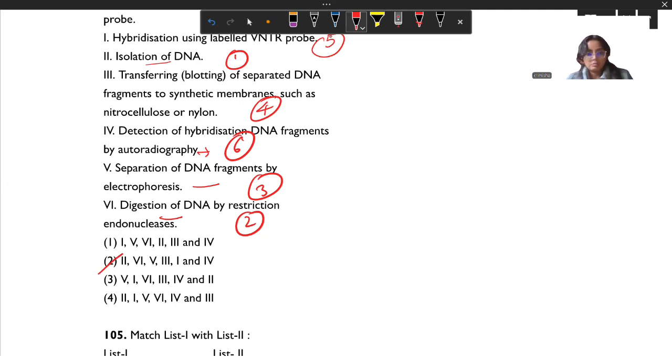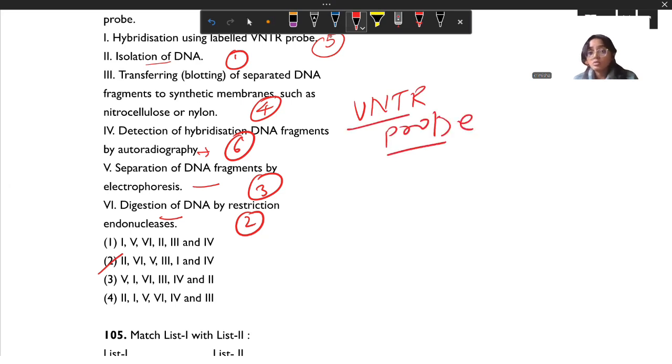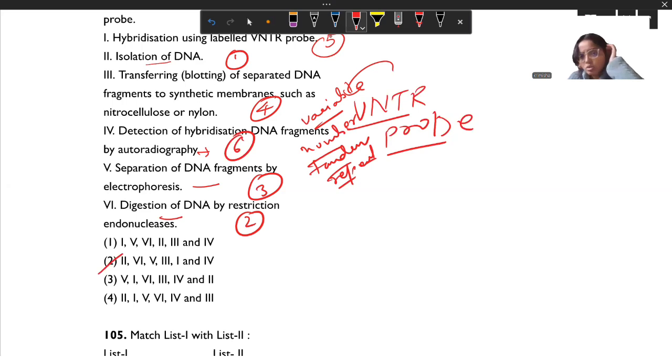Now, let me tell you something. What is a VNTR probe? VNTR means variable number of tandem repeat probe. It's basically a small segment of DNA which has repeats of nucleotides.